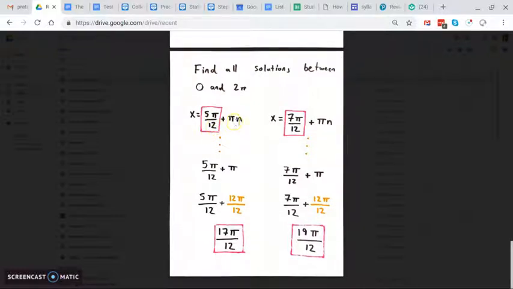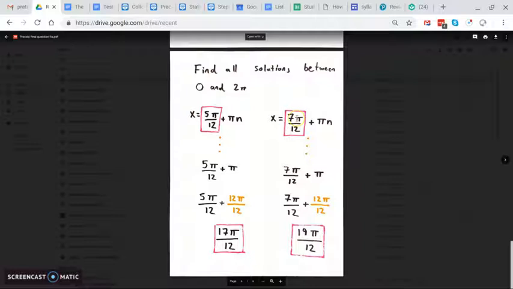So of course, if I let n be 0, I have the regular solution, just 5 pi over 12. But if I let n be 1, and I'm adding pi to 5 pi over 12, I get another solution at 17 pi over 12, which isn't more than 2 pi. That would be 24 pi over 12, and anything more than that is a solution that we're not paying attention to anymore.